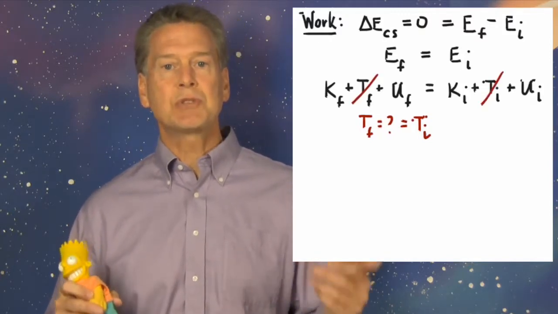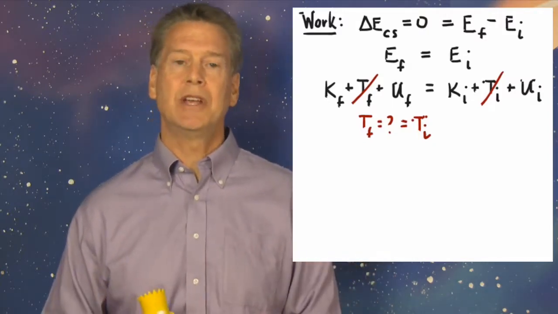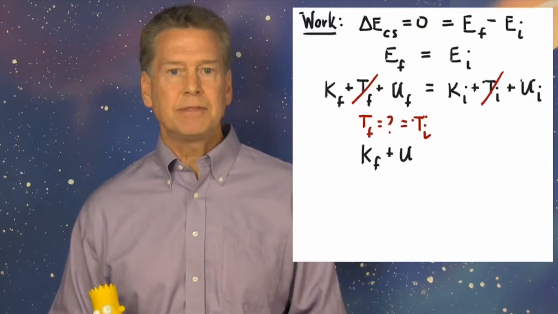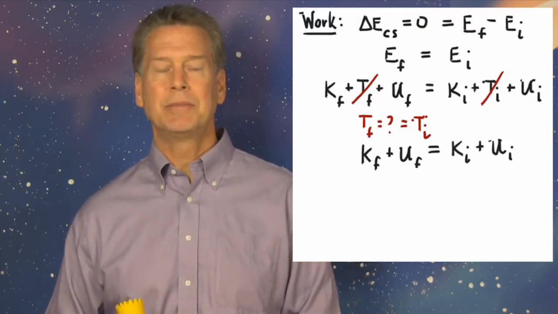So we can just subtract that identical thermal energy from both sides of the equation. K sub F plus U sub F now equals K sub I plus U sub I.